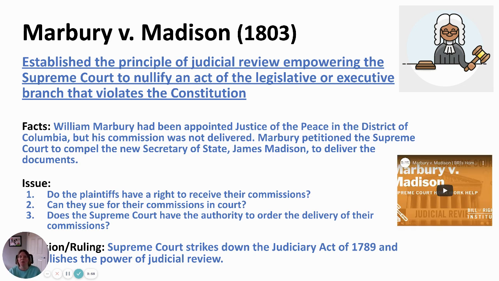Okay, so we already just read the enduring understanding, or the key takeaway, I should say. The facts around this case, basically this was like a minor paperwork issue. You had Marbury, who basically wanted a job, and he was appointed by President Adams and confirmed by the Senate.